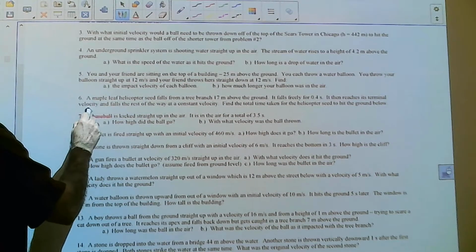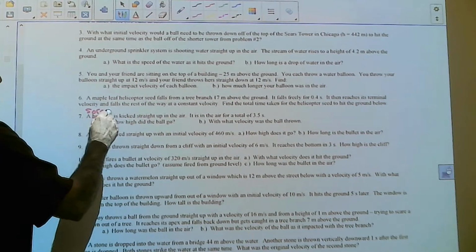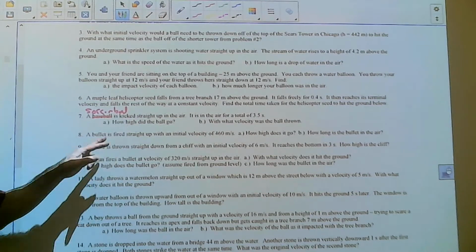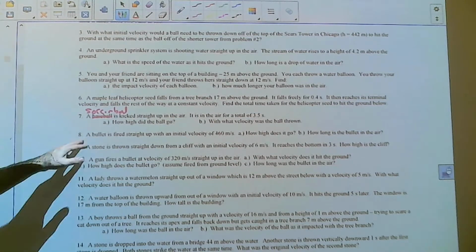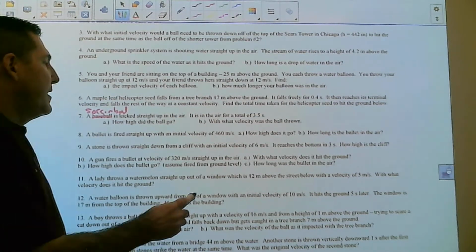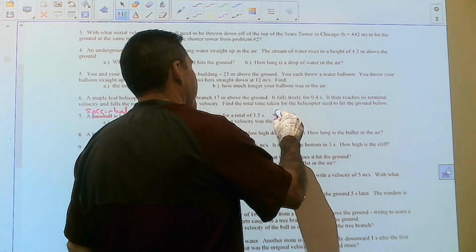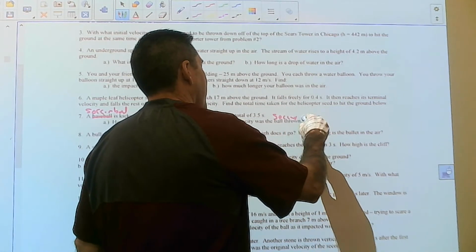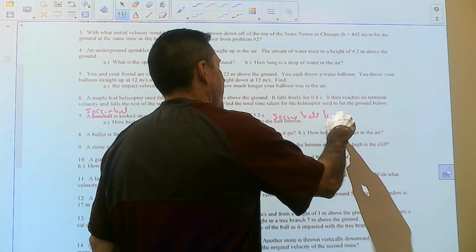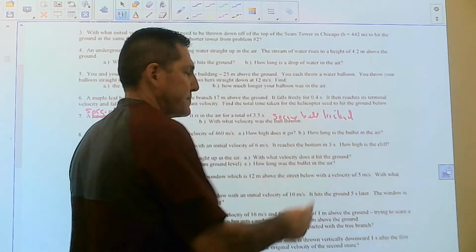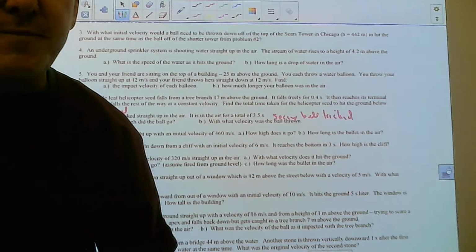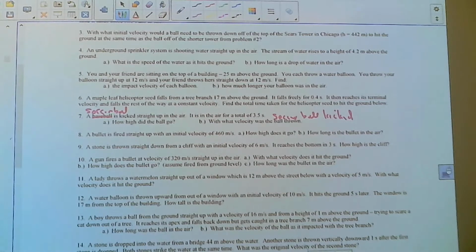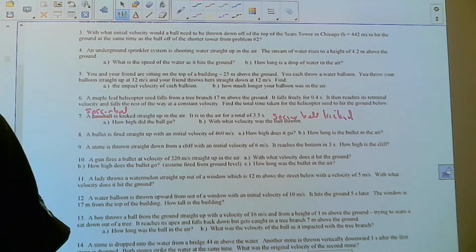It should say a soccer ball. You can't really kick a baseball, so soccer balls kick straight up. So no big deal if you didn't make that change, but we're going to make that change for next year.